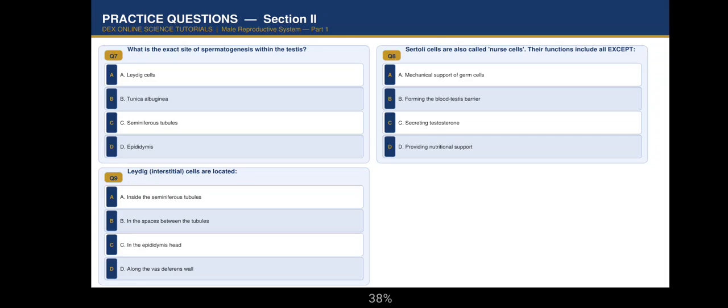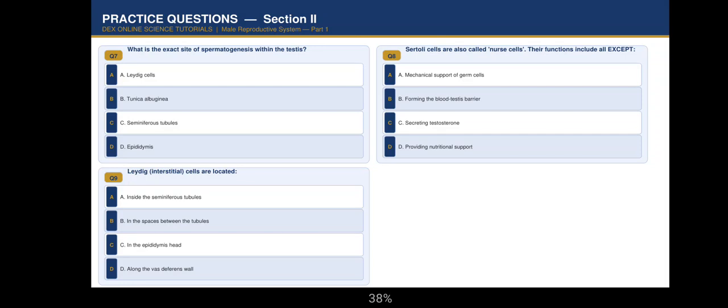Number 8, Sertoli cells are also called nurse cells. Their functions include all except A, mechanical support of germ cells, B, forming the blood testis barrier, C, secreting testosterone, D, providing nutritional support. Of course, the answer is secreting testosterone. Sertoli cells do not secrete testosterone. What they do is support, provide nutrition and all of that. So secreting testosterone is for the interstitial cells, or the Leydig cells.